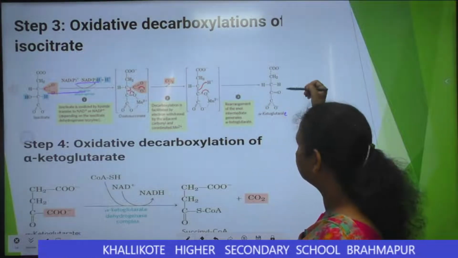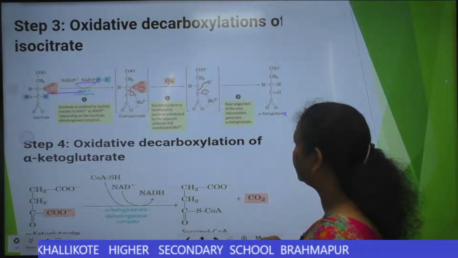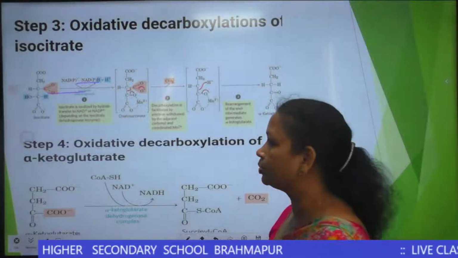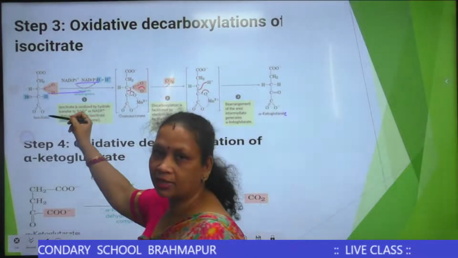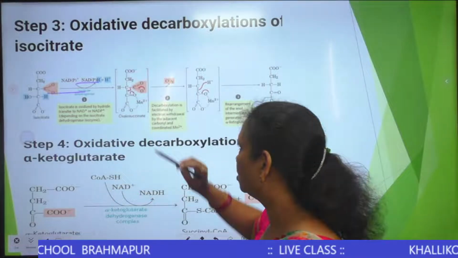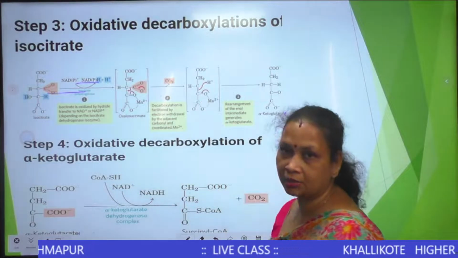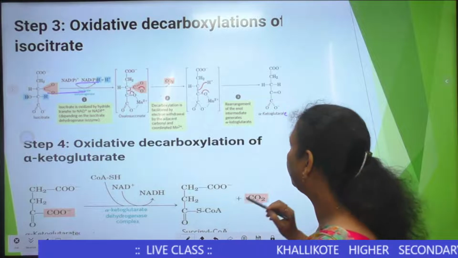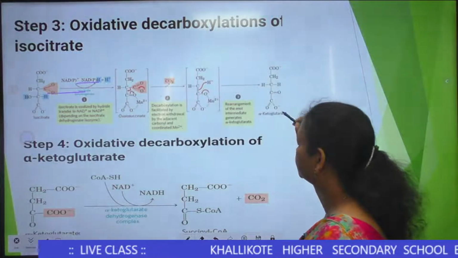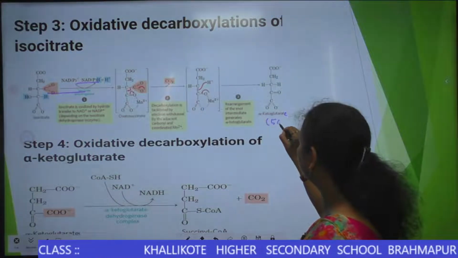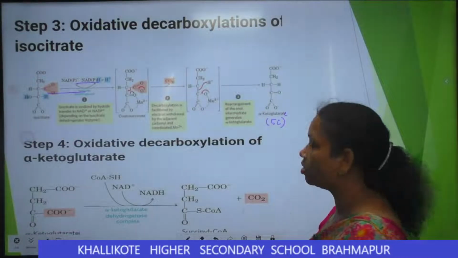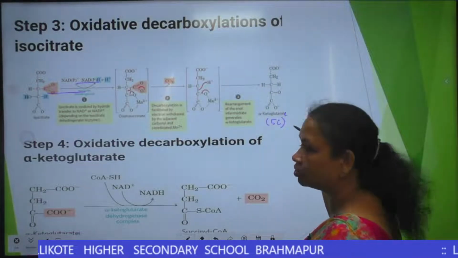Coming to the structure of alpha ketoglutarate, how much carbon is now present? Isocitrate is a 6 carbon compound; losing a molecule of carbon dioxide, the compound that is formed becomes a 5 carbon compound, alpha ketoglutarate.